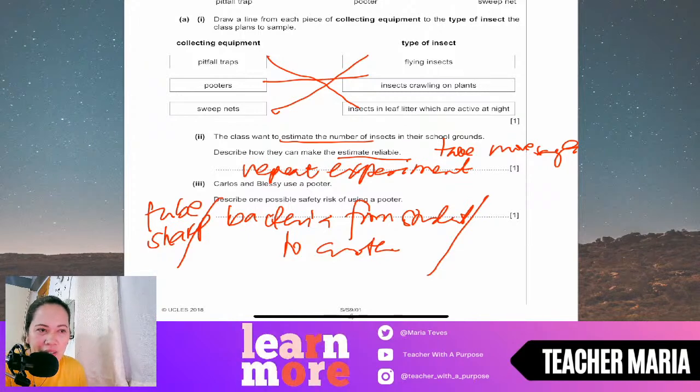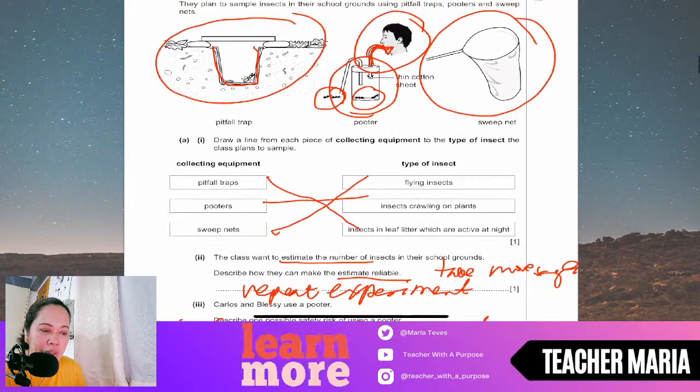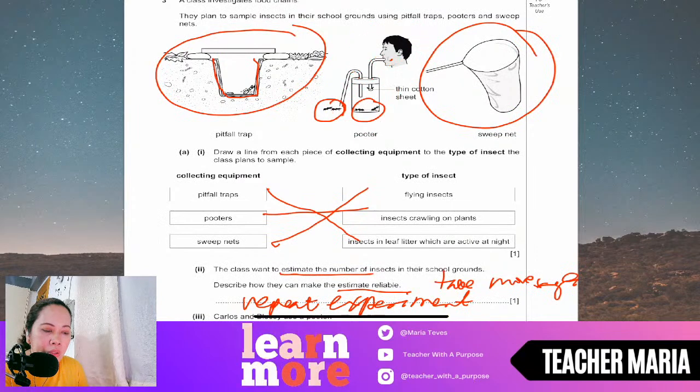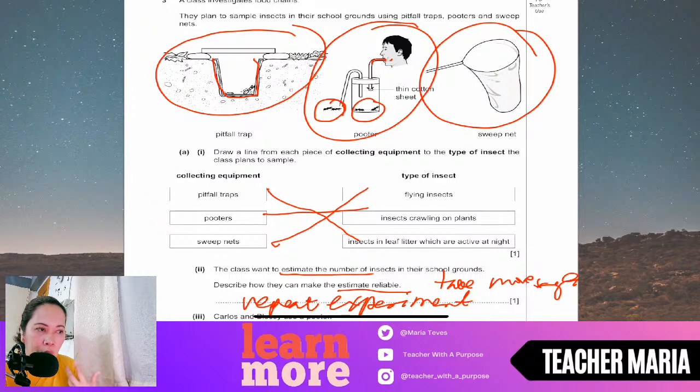Okay, thanks, John. So as mentioned a while ago, what are the risks of using a pooter? If you would notice in this one, they are sipping, it's not absorbing, it's more sipping.